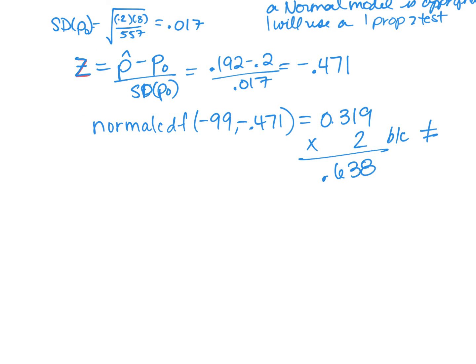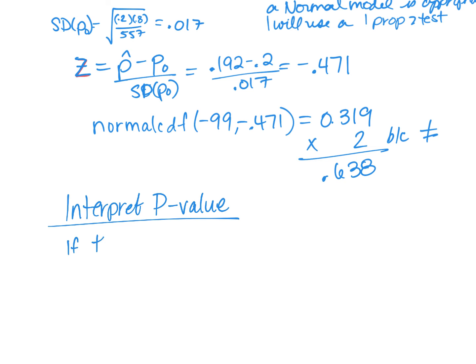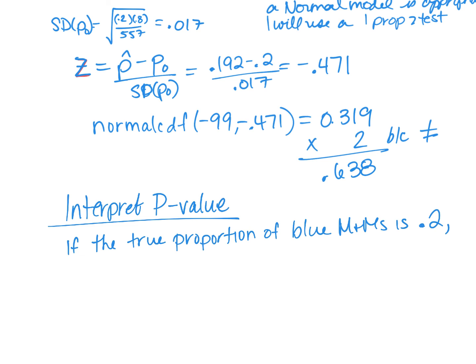So we're going to interpret our p-value. If the true proportion of blue M&Ms is 0.2. This is our p-value. I'm going to interpret it right now. This is what it means.